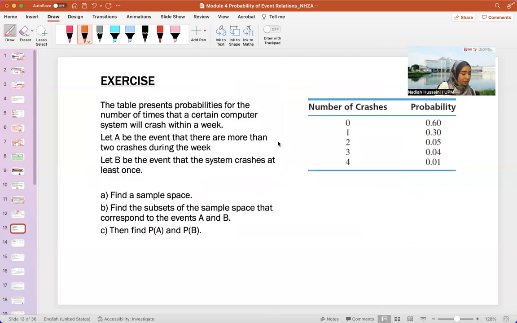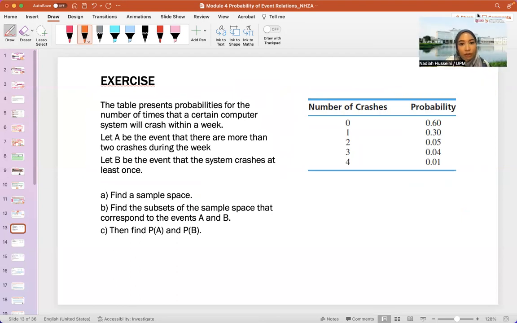Okay, let's do this exercise. I'm going to call out someone to help me. I'm going to give you guys 5 minutes. Try to figure out the sample space. Try to find the subsets that correspond to event A and event B, and then find PA and PB.